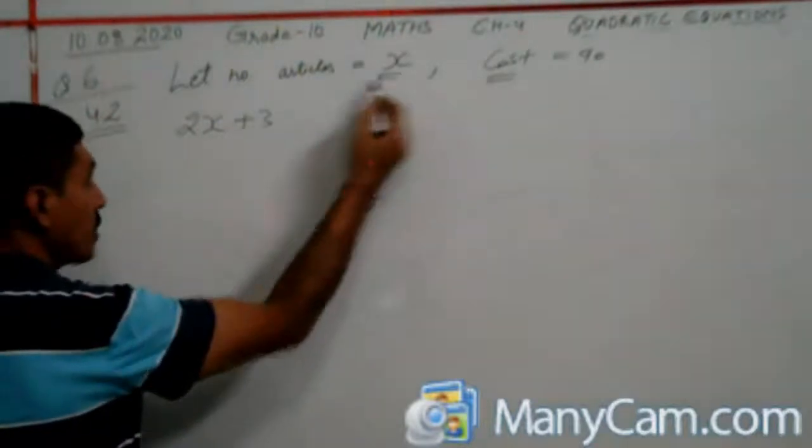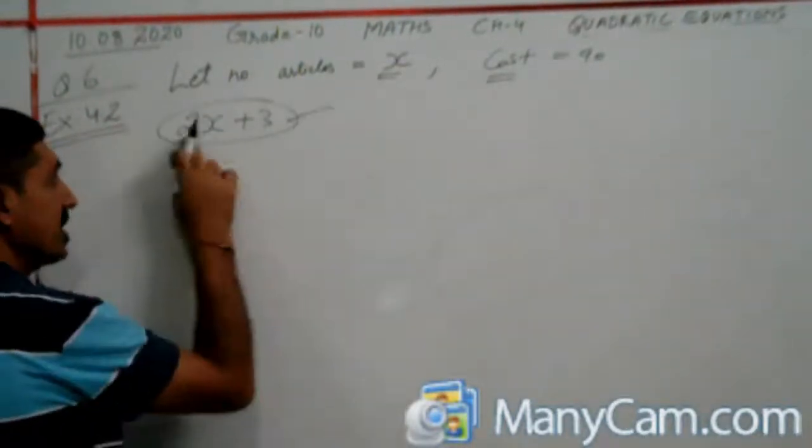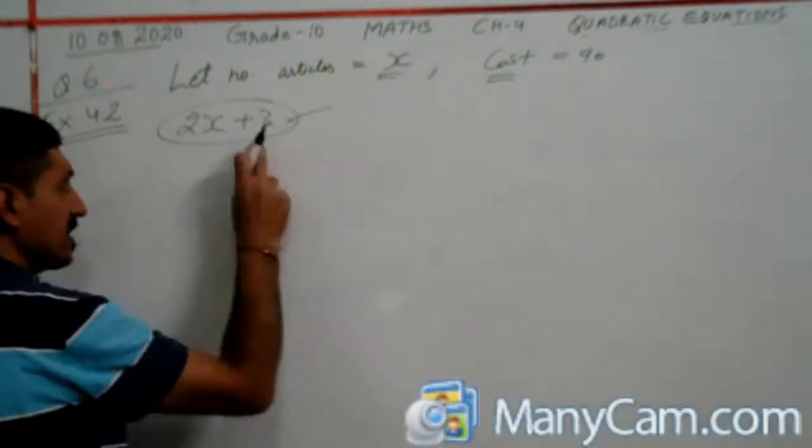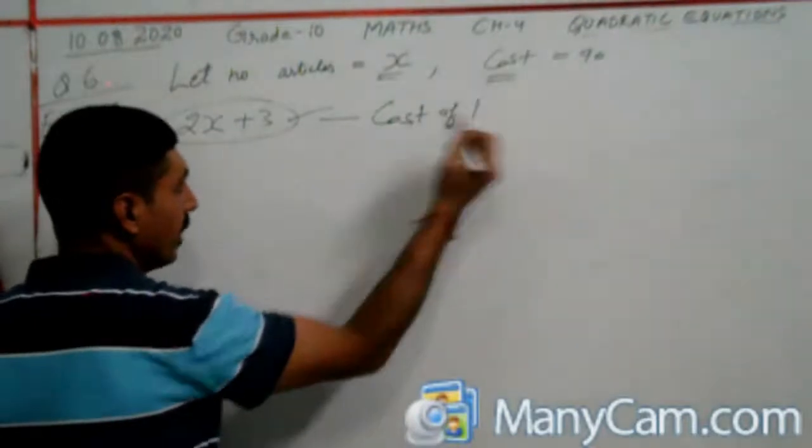Now, what is the cost of one article? That is twice the number of articles produced plus 3. This is the cost of one article.